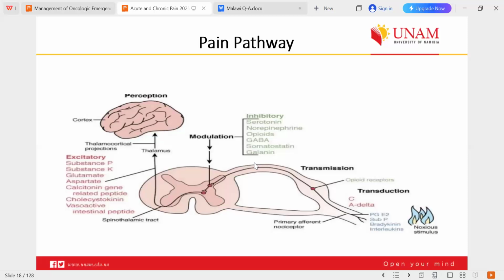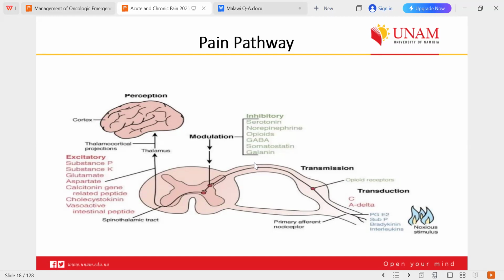Transmission is when this pain is transmitted by pain nerve fibers, most of the time the A delta and C fibers. They are transmitted through different neurons, the first, second, and third order neurons, and it goes through the tract, we're going to see that, and goes through modulation.